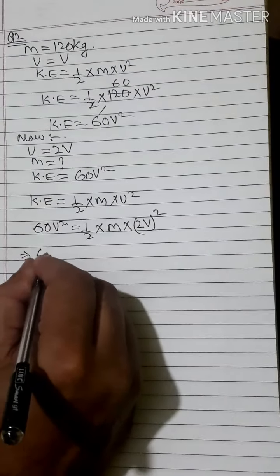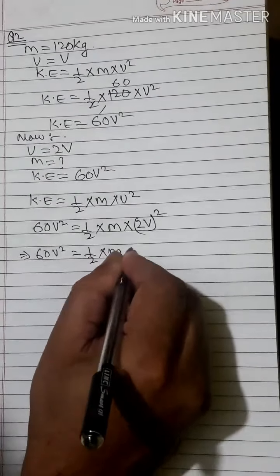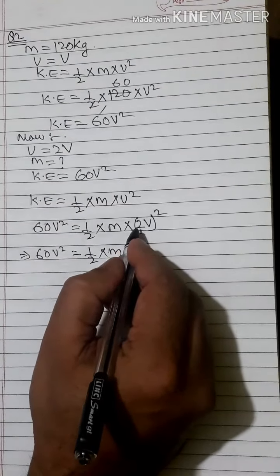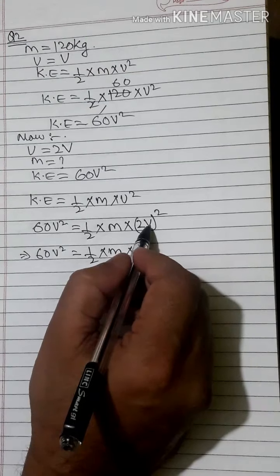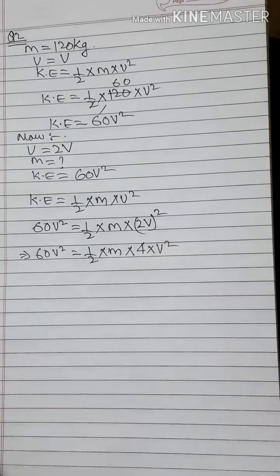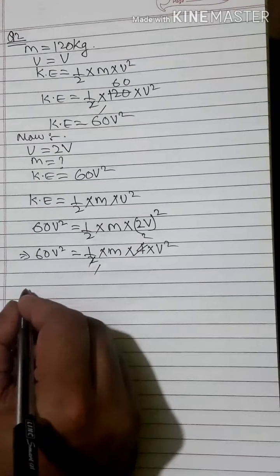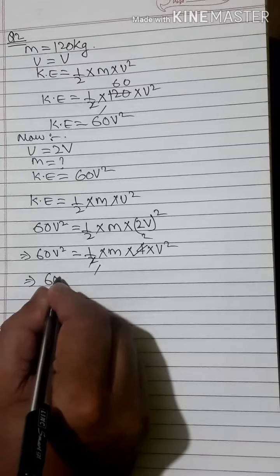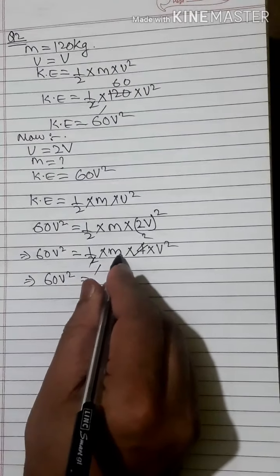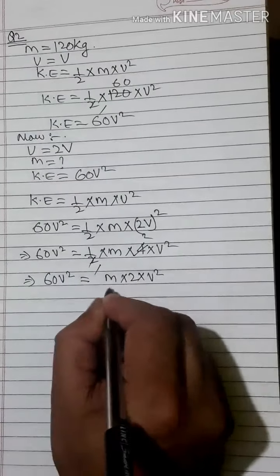So 60v square is equal to half into m into, the square is for both 2 and v. So 2 square will become 4 into v square. We can cancel: 2 1s are 2, 2 2s are 4. So this gives us 60v square is equal to m into 2 into v square.